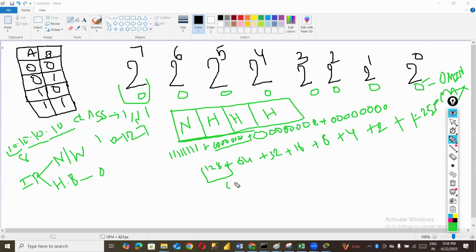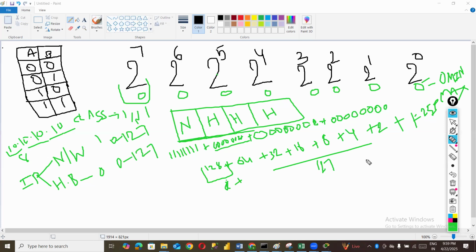So just calculate what the total IPs are now: 64 plus 32 plus 16 plus 8 plus 4 plus 2 plus 1. 64 plus 32 is 96, plus 16 is 112, plus 8 is 120, plus 4 is 124, plus 2 is 126, plus 1 is total 127. So in class A, the maximum IP is 0 to 127.